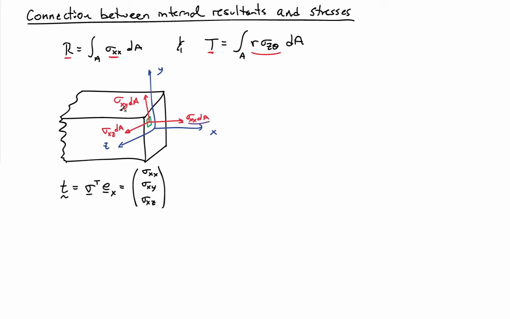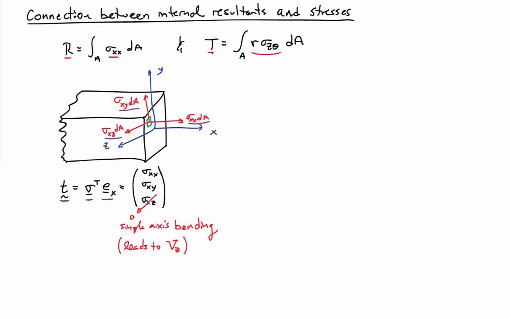I could have a shear stress in the y direction, and a shear stress in the z direction. So these are the traction components, T, acting on the cross-section. Remember Cauchy's law says sigma transpose times the normal gives me the traction. So we have the three traction components acting on the cross-section. Okay, and I'd like to relate these then to the resultants in my system.